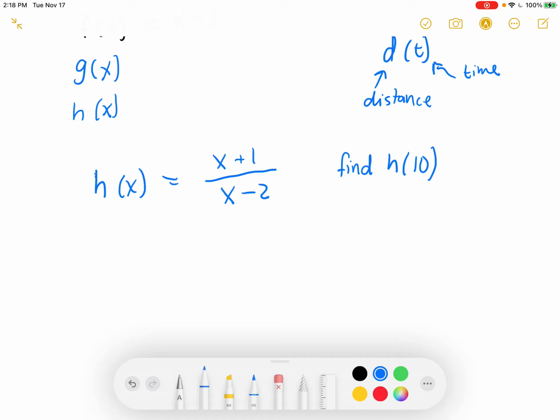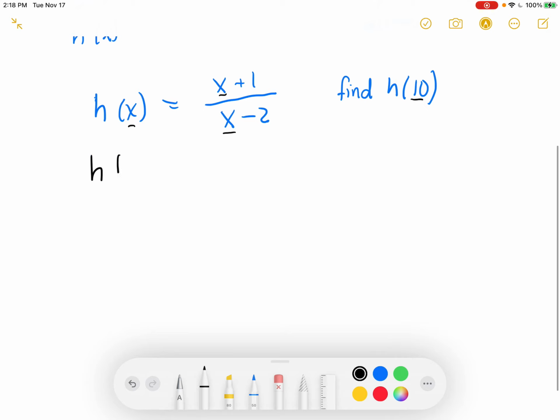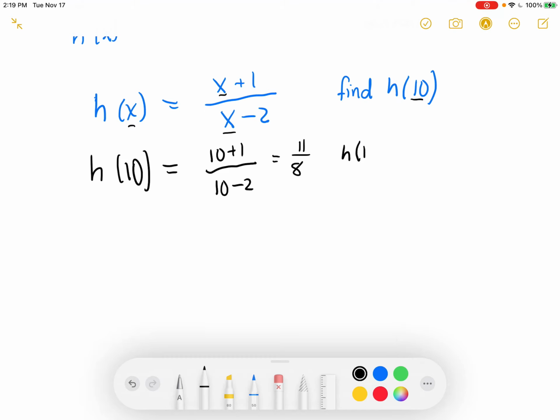So basically what you've got to do is everywhere that you see x in the original problem, you're going to replace that with 10. So it's going to be h of 10 is equal to 10 plus 1 over 10 minus 2. You can simplify and you'd get 11 over 8. You'd write your answer as h of 10 equals 11 over 8.